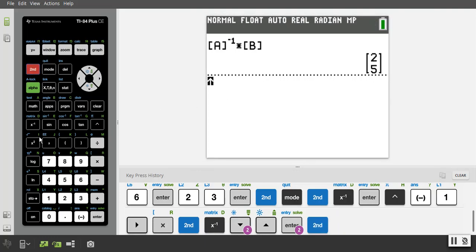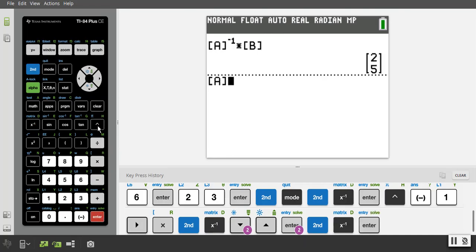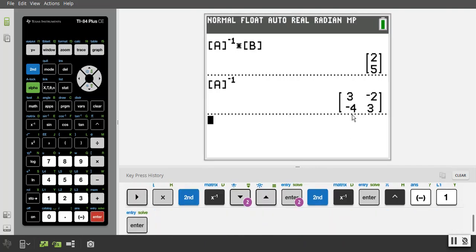Now, interestingly enough, if we would have found the inverse first, it would have looked something like this: 3, negative 2, negative 4, and 3.